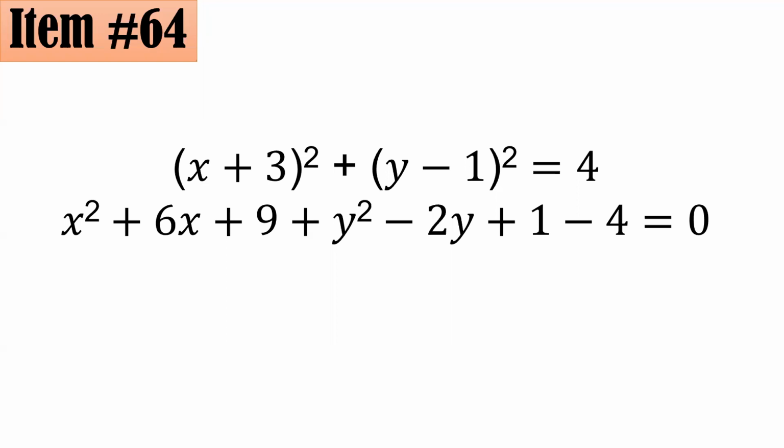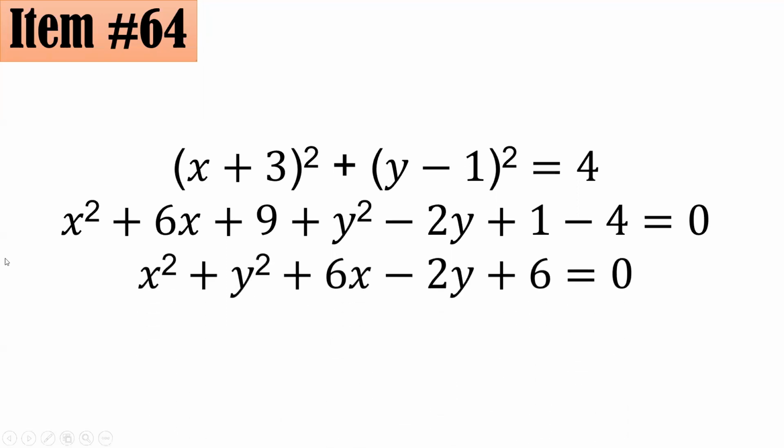And rearranging the terms and combining like terms, we have x squared plus y squared, all the degree 2's first, plus 6x minus 2y. But the constants 9, 1, and -4 combine to 6 and equals 0. Hence, indeed, if your answer is letter B, you got it right.